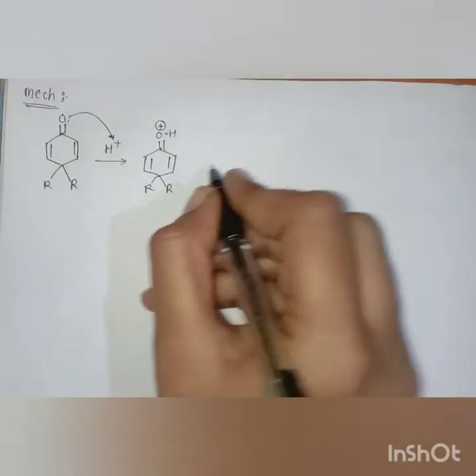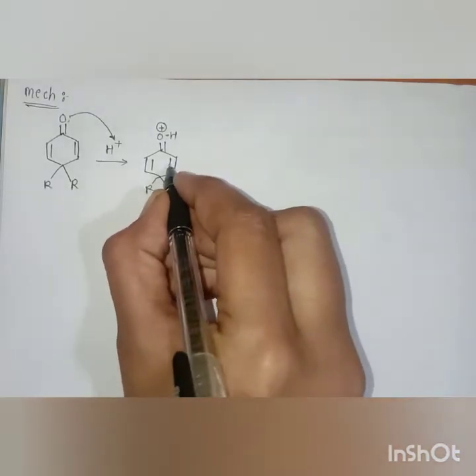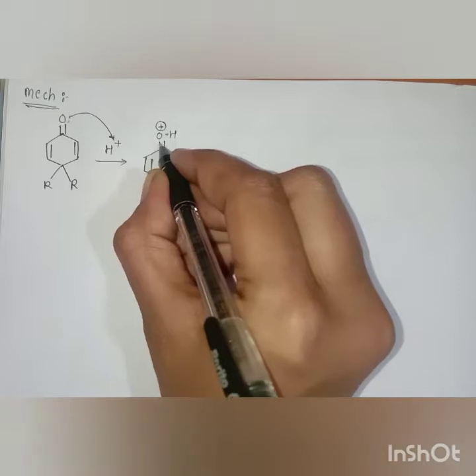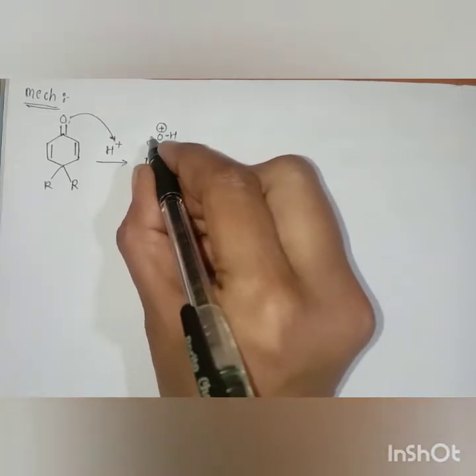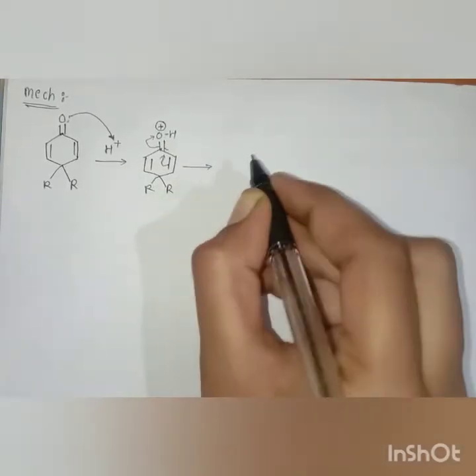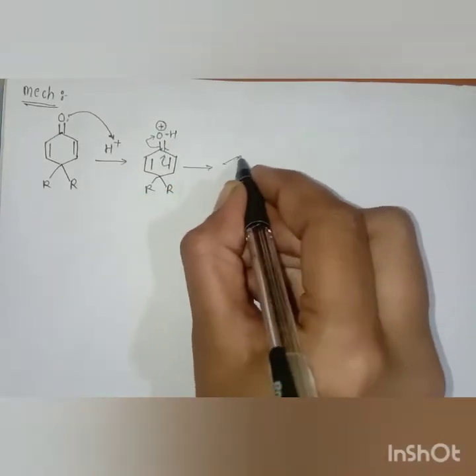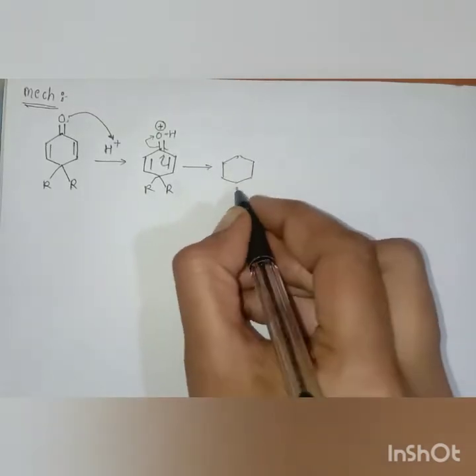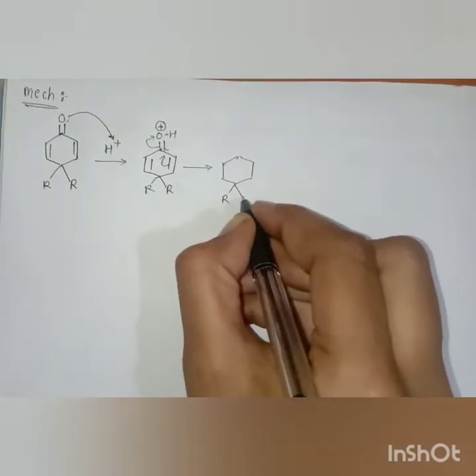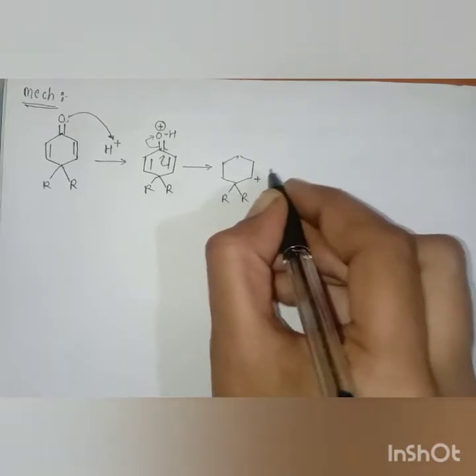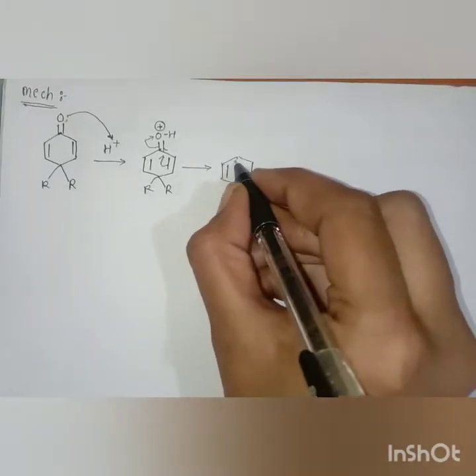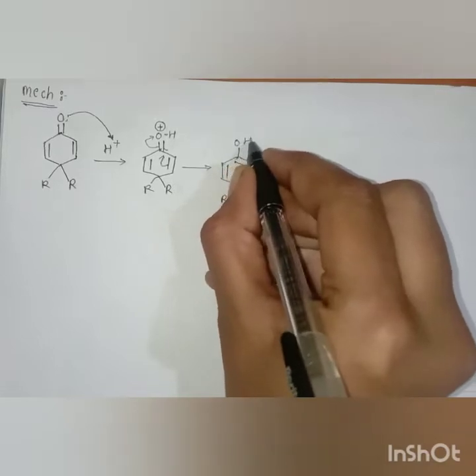In the next step, this bond shifts here and this bond shifts here so that it can neutralize the positive charge on the oxygen, and it leads to the formation of carbocation.